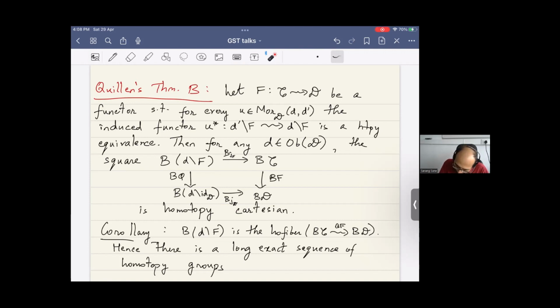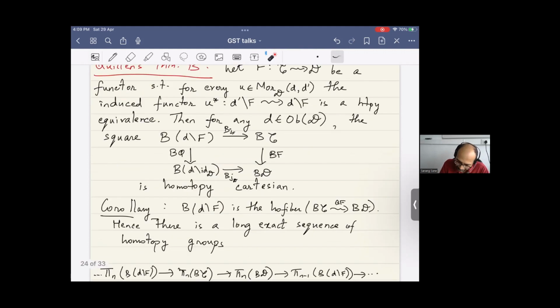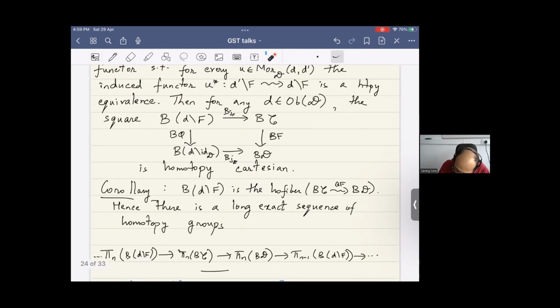So you have continuous functions like this and like this. And what it says is, if this is a homotopy equivalence for all u, then this is a homotopy Cartesian square. Now, note that this is contractible.